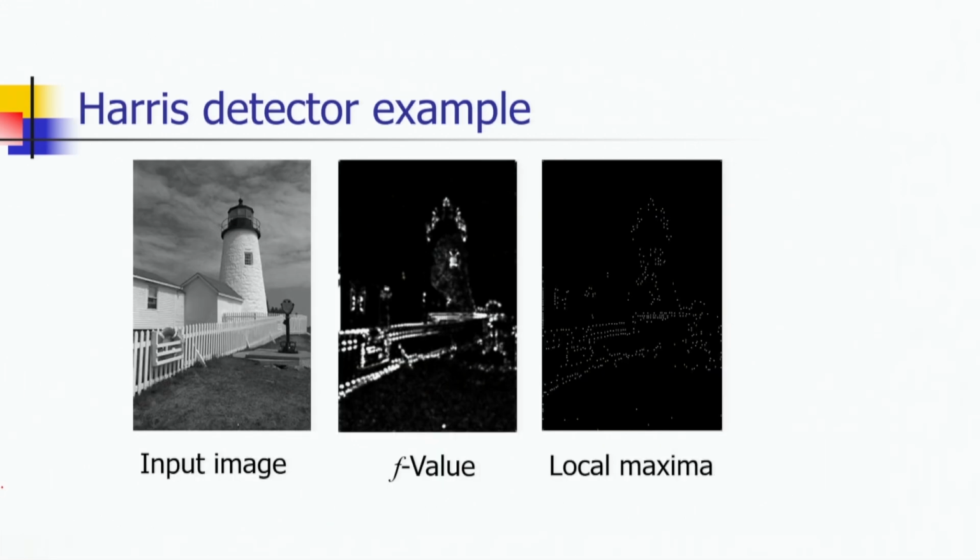Here is an example of this Harris detector. If you have this image, these F values are obtained like this, and from the local maxima you get the respective key points. You can see that you get very precise positions, as shown here.